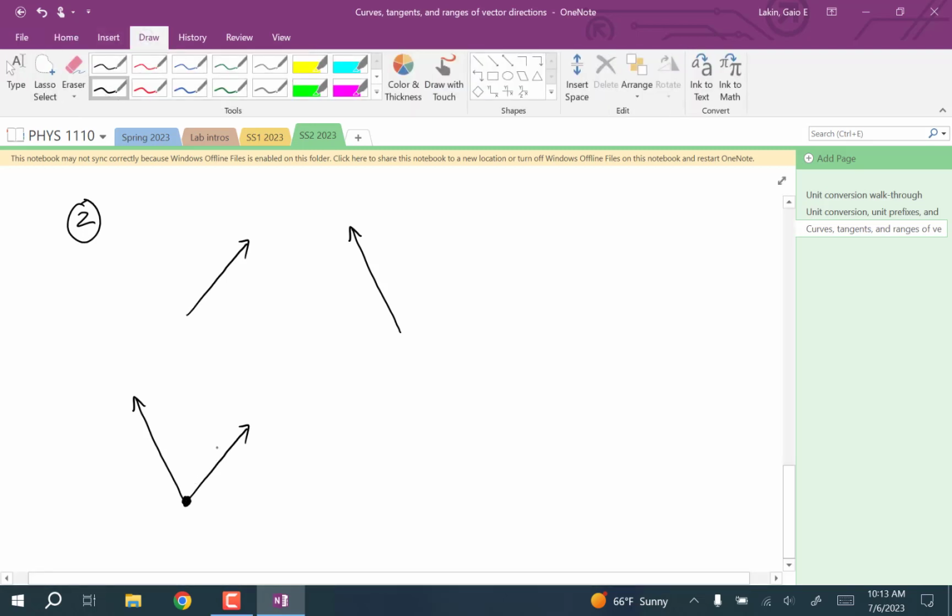So the shortest direction from one to the other one is in here. And so we're considering all of the possible vectors, the infinitely many directions in between those two. Okay. So what that means is the range of directions between these two is all of these, and it doesn't include any of these, you know, like this is not in that range of directions.